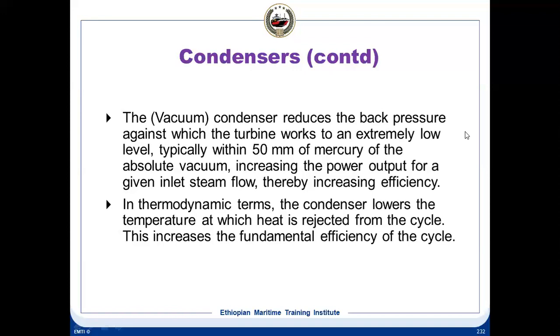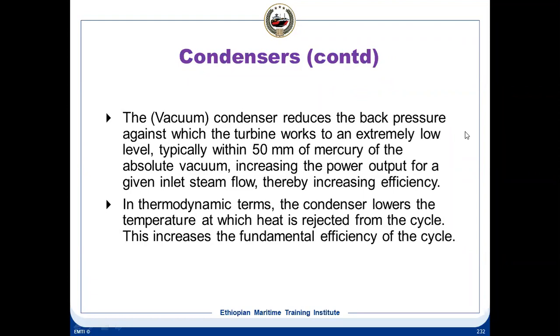That means for the same amount of steam, the energy produced by the turbine is much higher. Typically that vacuum is within 50 millimeters of mercury of absolute vacuum, and this increases the power output. For the same inlet steam flow, your power output from the turbine will improve drastically. And obviously, since for the same input you're having a higher power output, your efficiency goes up.